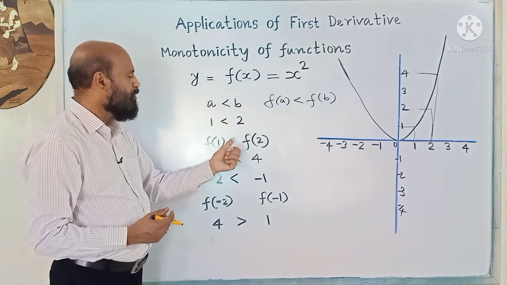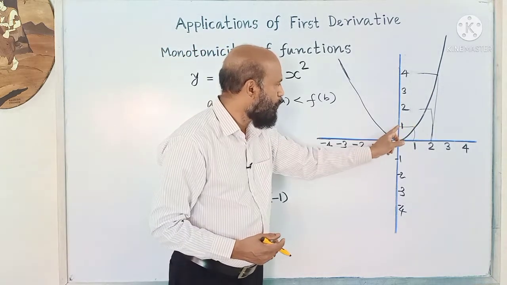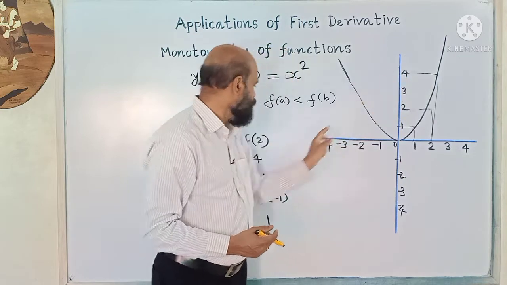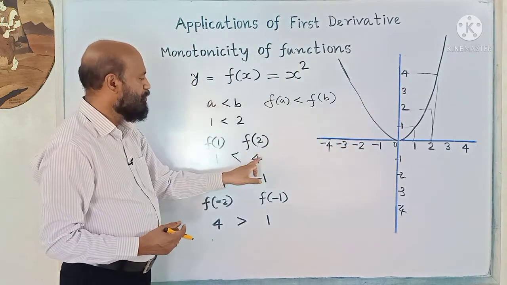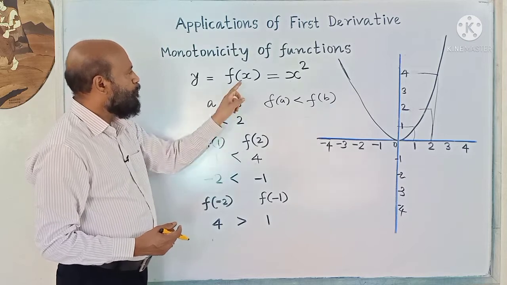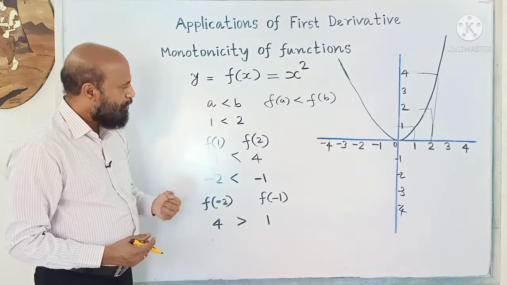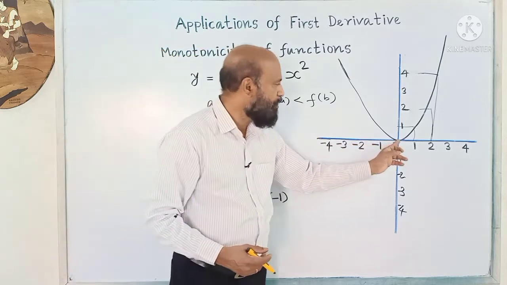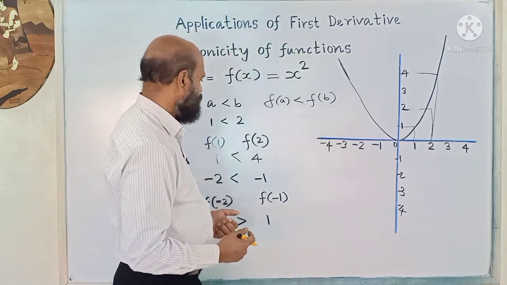F of 1 is lesser than f of 2, because f of 1 is 1, and when you put x as 2, 2 square is 4, so f of 2 is 4. So you can see the same order. So here the function is strictly increasing.